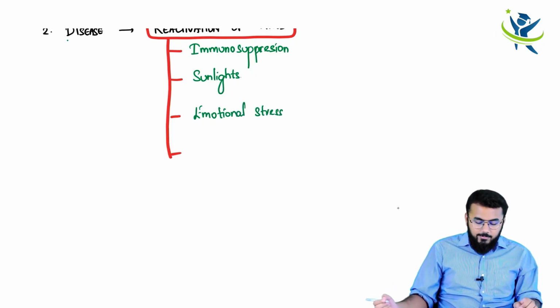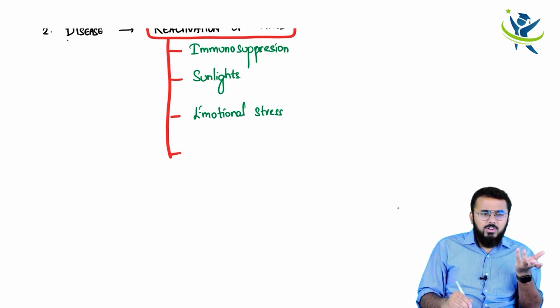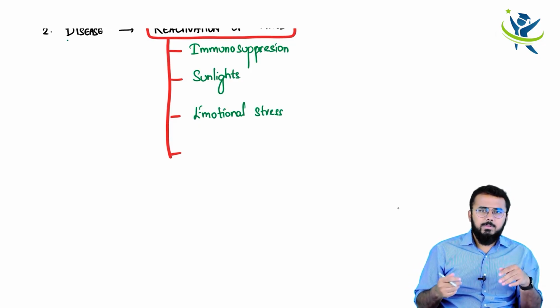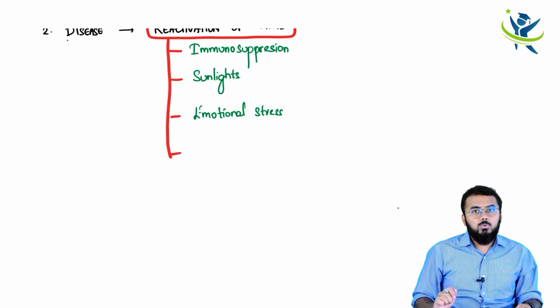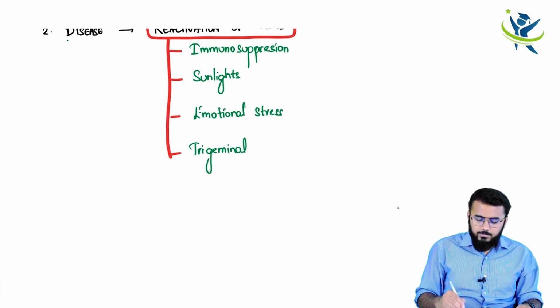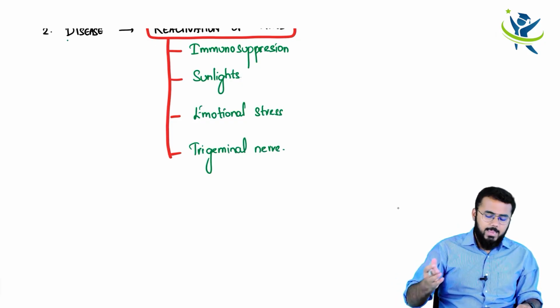And finally, if you are doing any kind of manipulation of the trigeminal nerve, if you are operating in the facial region, or if there is any kind of disturbance to the trigeminal nerve, even then the virus can get activated. So in these cases, the virus gets reactivated.